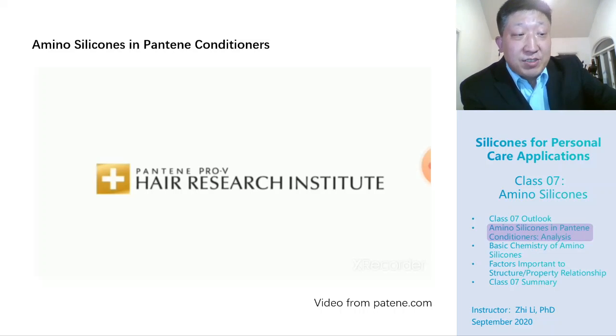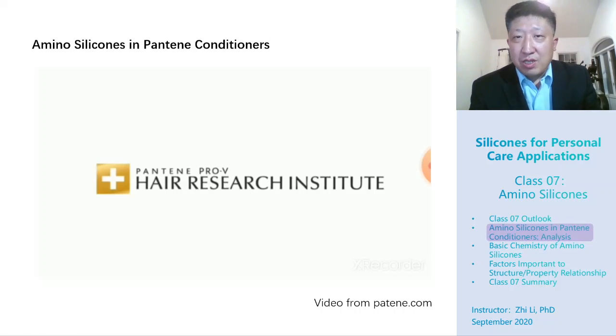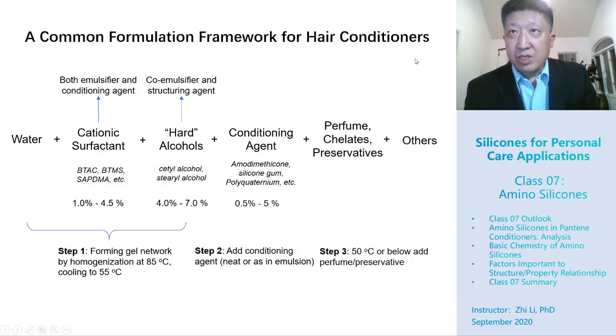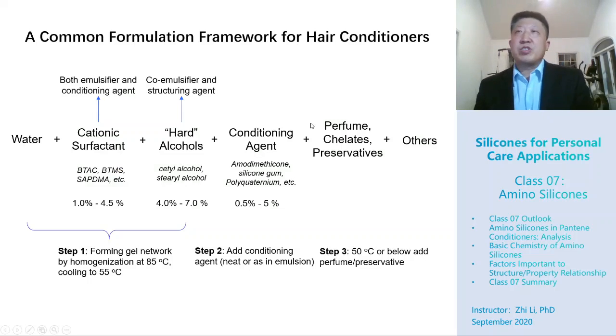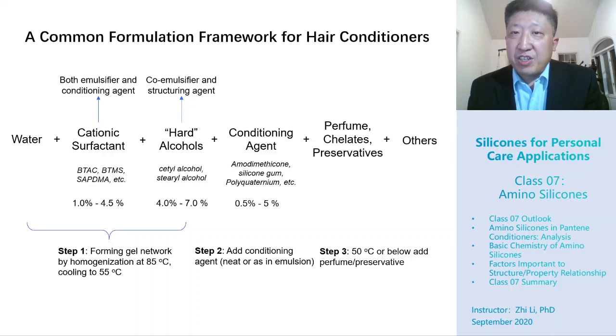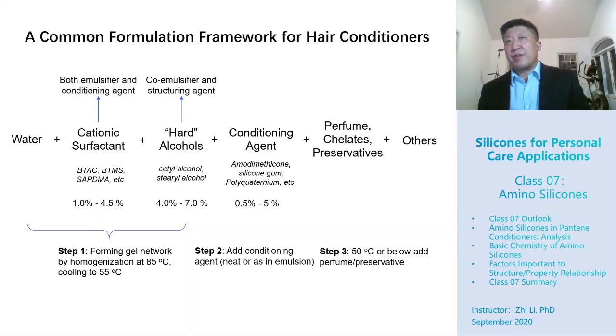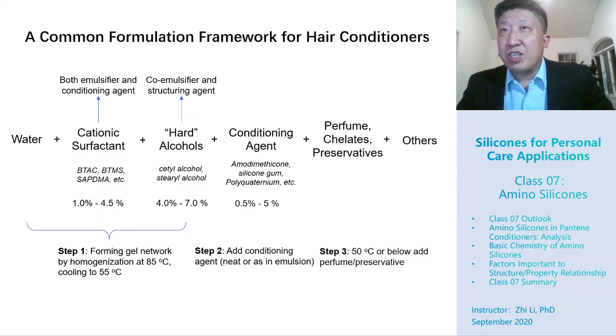We'll talk later down the road, but let's learn a little bit more about what Pantene or P&G is doing with aminosilicone. But before that, I would like to share some understanding of the common formulation framework for hair conditioner.